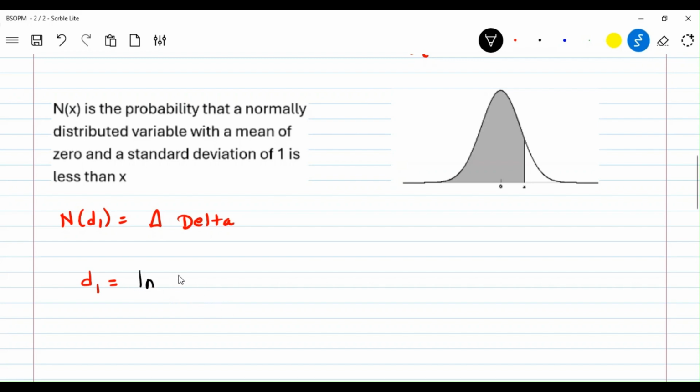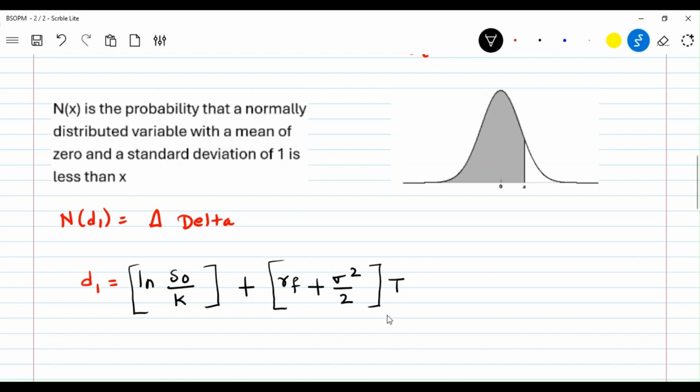The formula says ln of spot rate divided by K, let me put this in brackets, plus you will have a risk-free rate of return, so I have my R, I may call that RF, plus variance divided by 2, and this whole is multiplied by T.